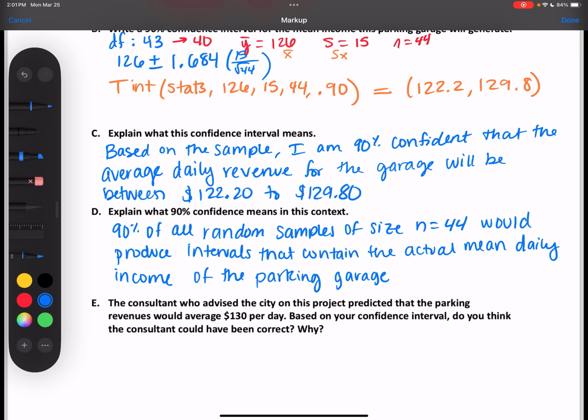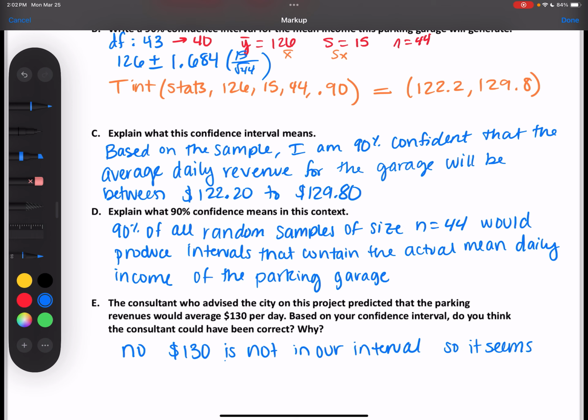So then the last one for this question, the consultant who advised the city on this project predicted that the parking revenues would average $130 per day. Based on your confidence interval, do you think the consultant could have been correct? Why? She said no because it's not in our interval. $130 is not in our interval, so it seems high.